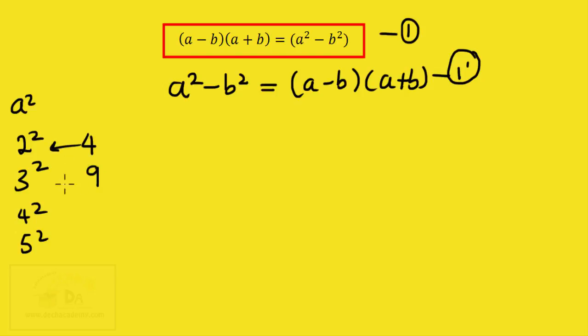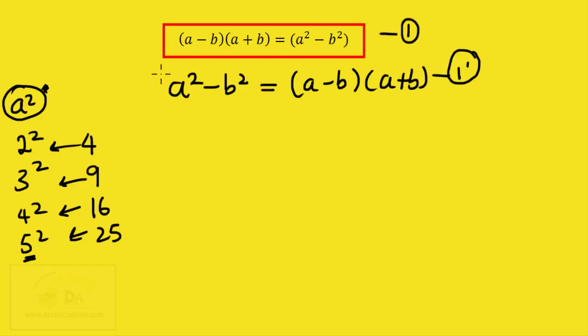The number 9 is a square number because it is 3 squared. The number 16 is also a square number because it can be written as 4 squared, which is of the form a squared. Also, the number 25 is a square number because it can be written as 5 squared. So a square number is a number of this form, or a number that can be written in this form. So take note of that.